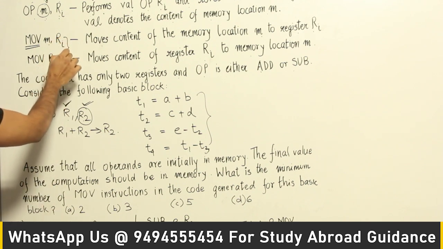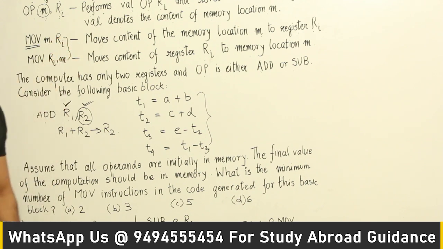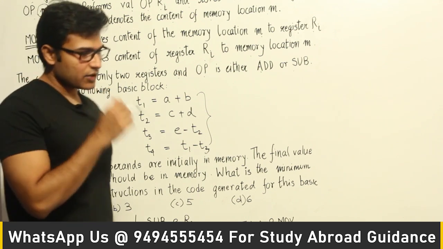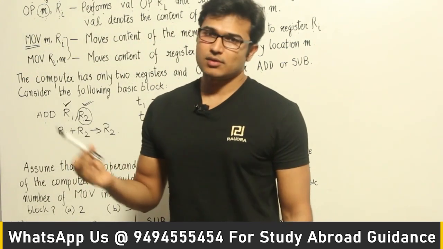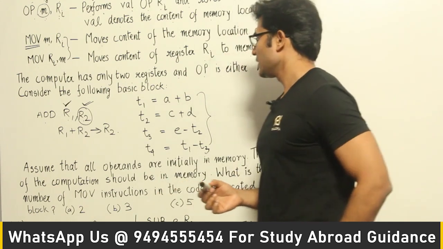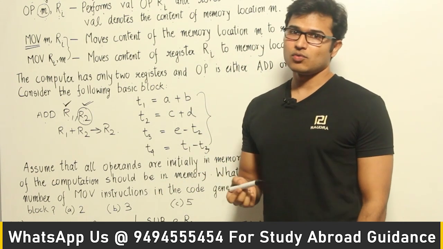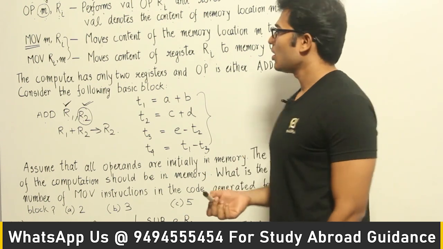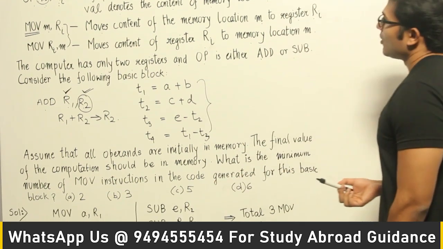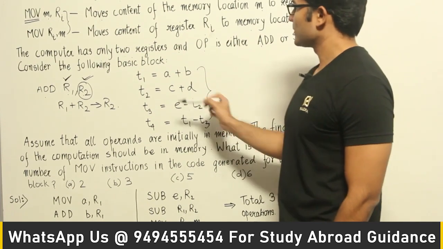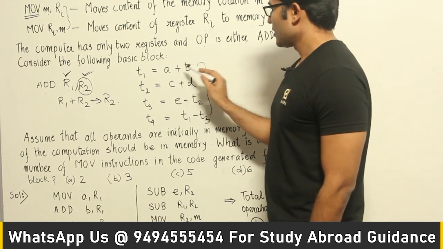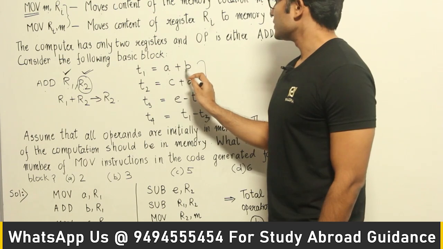For loading and storing we are going to use the move operation, and for the other operations we have to use the appropriate operations. So we are supposed to use as few move instructions as possible. Now if you see this, t1 equal to a plus b.